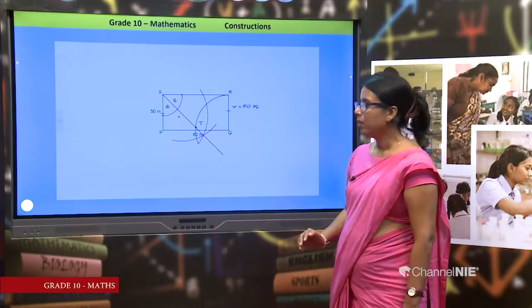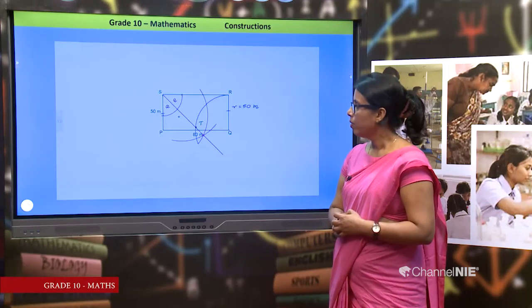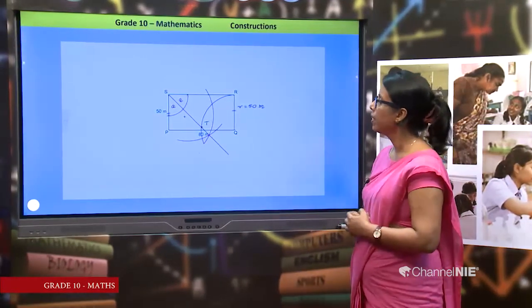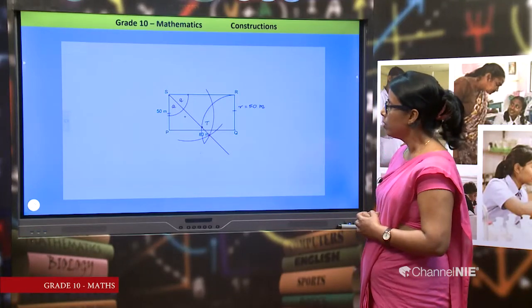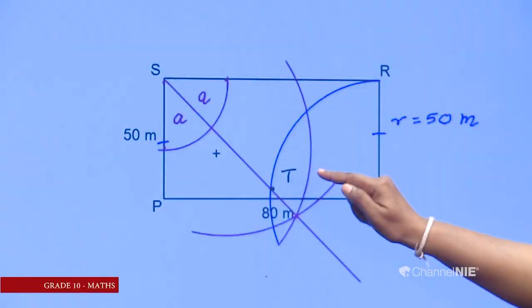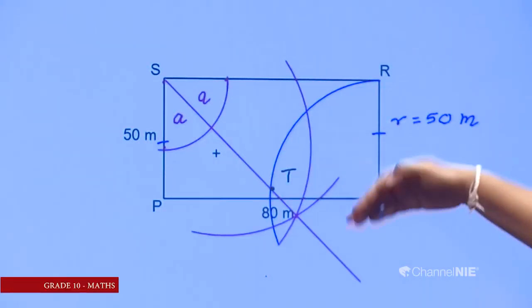Children, look at this question. We have taken a circle and an angle bisector. So, both conditions are satisfied. There was one place, that is T. And how did we take that circle?